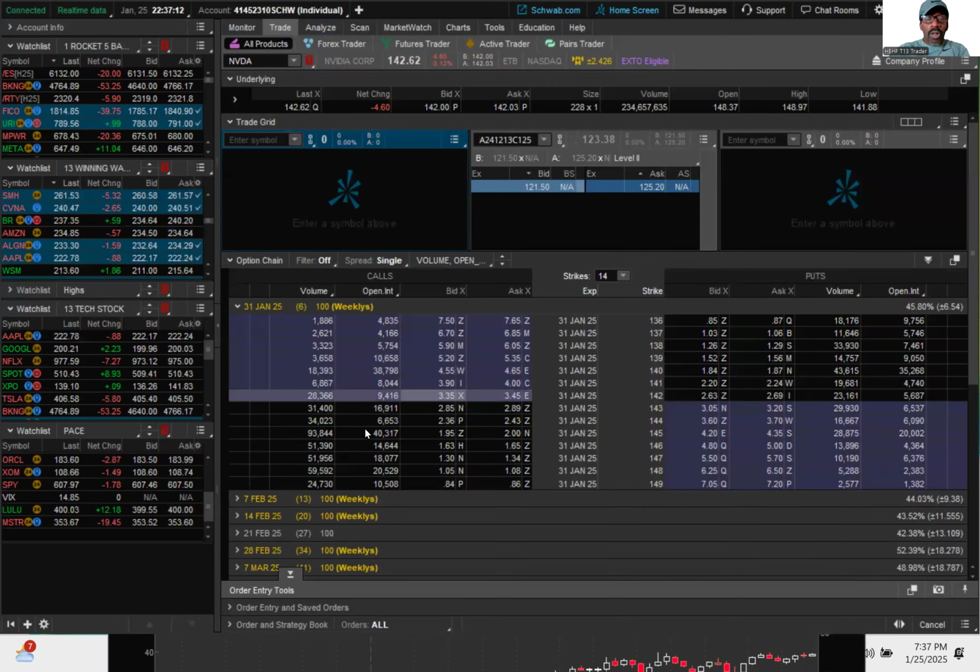So look at all these contracts. Imagine if it just stays right in here and moves a dollar. It's going to go to 138, like we said. But look at all the contracts the house is getting on both sides. Institutions aren't winning and the traders aren't winning. The house is winning.